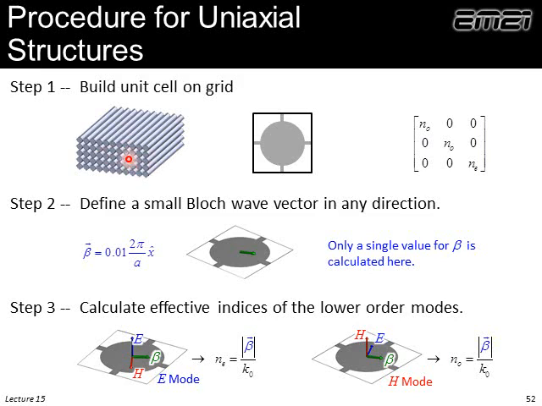Any direction horizontally will all see the same effective refractive index in the long wavelength limit. So for this case, that gives us our ordinary refractive index. Our tensor down the diagonal is two occurrences of that ordinary refractive index, and then the last one is the extraordinary refractive index. And we're done.